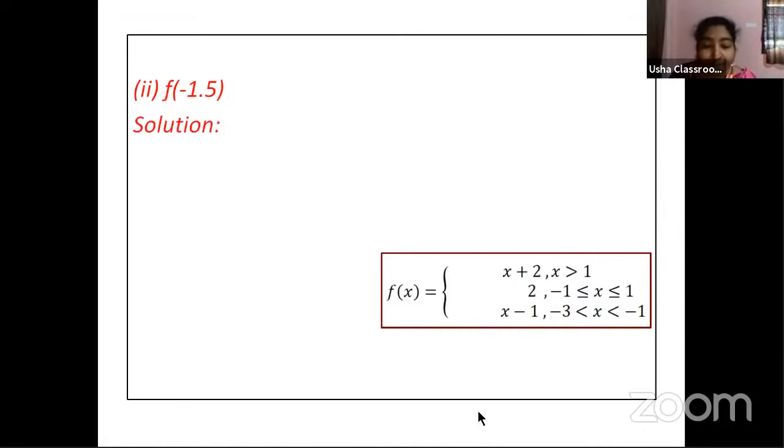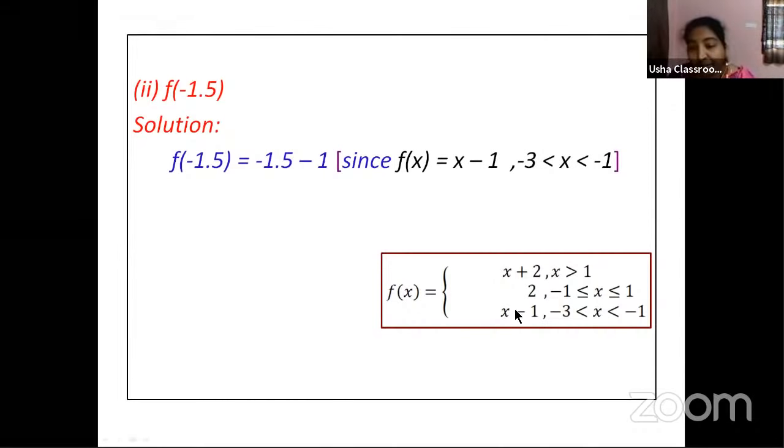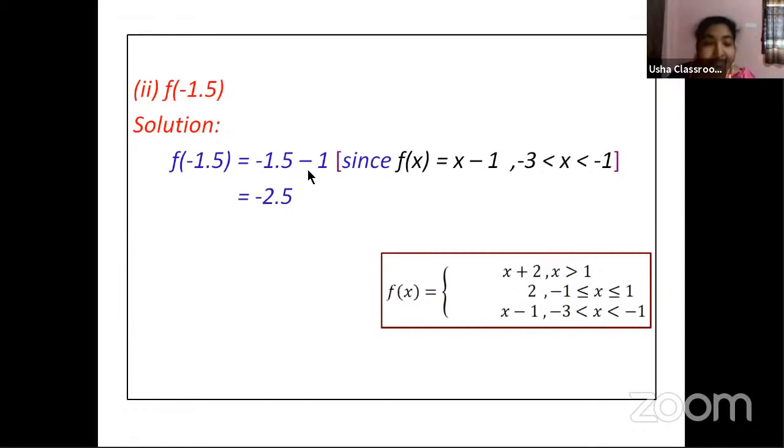So therefore, f of minus 1.5 is equal to minus 1.5 minus 1. Why so? Because your function is f of x is equal to x minus 1, and your x value is minus 1.5. So minus 1.5 is replacing x in this. So you're getting minus 1.5 minus 1, which is nothing but minus 2.5.